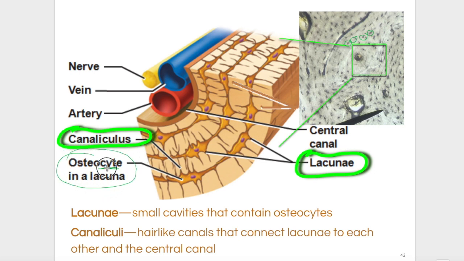So cyte we learned as being cell, and so an osteocyte is a mature bone cell. And then there's actually a space that gives the osteocyte a little bit of wiggle room, and the space is called a lacuna. We learned about lacuna back in the spaces that surround the chondrocytes within cartilage. So osteocytes exist within a lacuna.